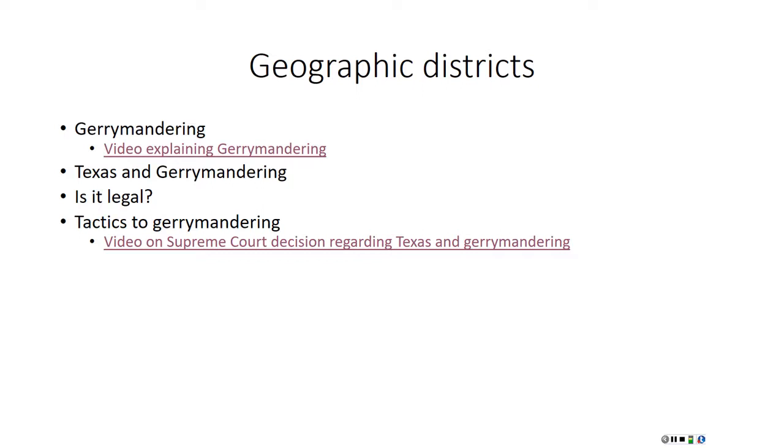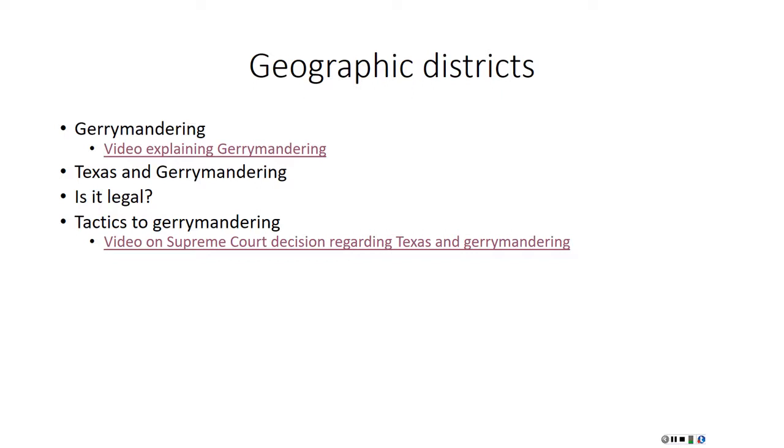A safe seat is drawn to protect or to elect a person from a certain political party. So we have these 2 districts that we know are going to elect Democrats, and no matter what Republican we put up against them, the Democrats are going to win. Might be District 1 and District 2.